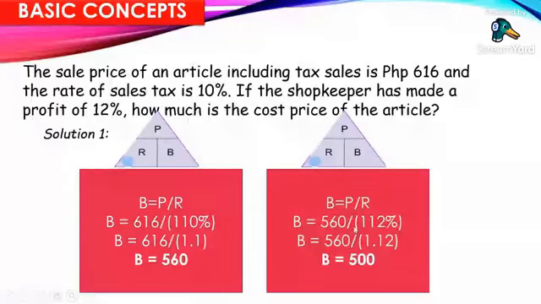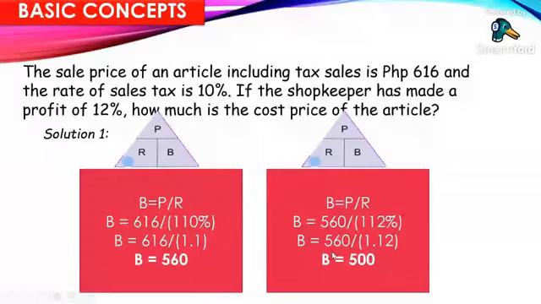So, we will not use 616. We will use the new percentage natin na naiwan, which is 560. Okay, so 560 divide 112%, or that is 1.12. So B is equal to 500. So meaning, after getting the 10% sales tax and the 12% profit, the answer would be 500. This is the cost price of the article.